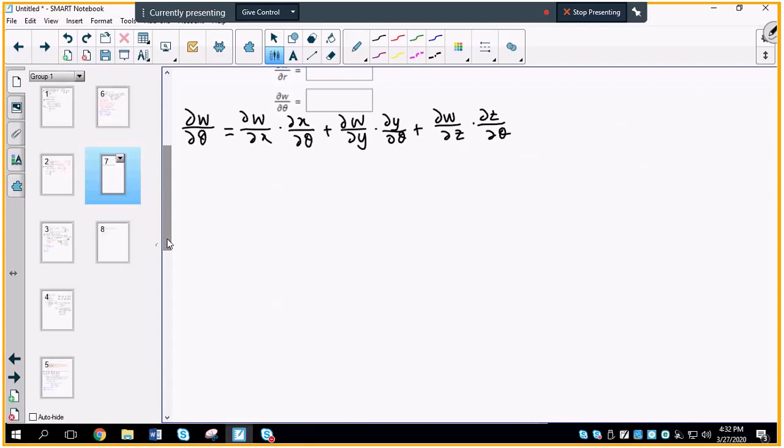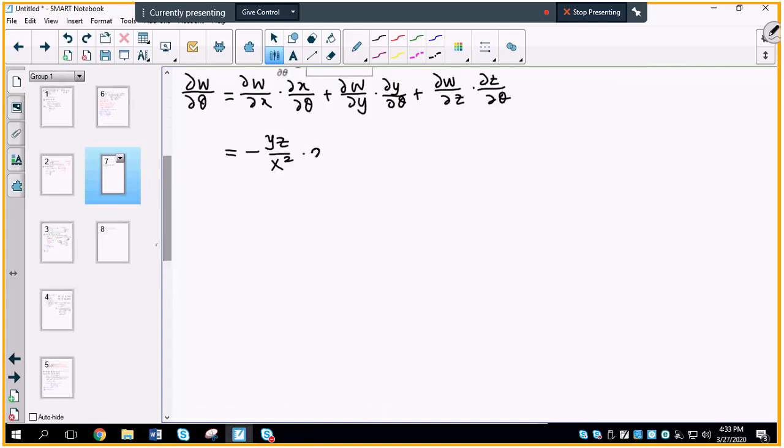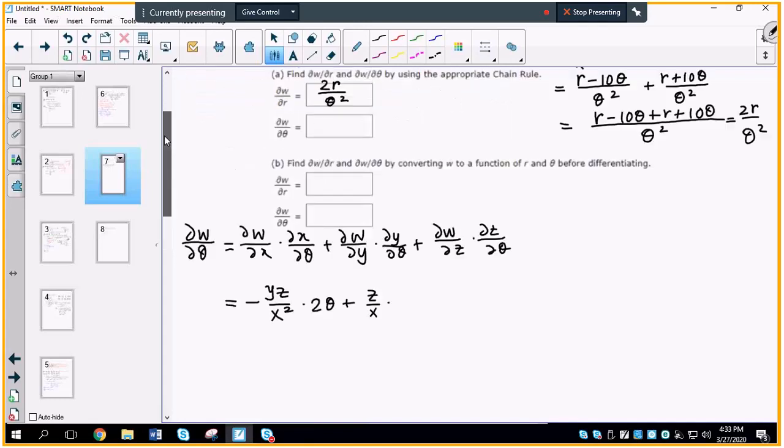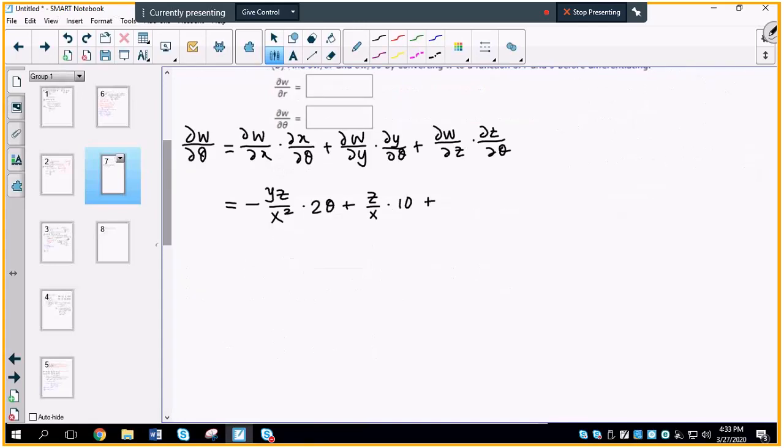So those things we know, del w del x, we have already worked it out. This is going to be minus yz over x squared. Del x del theta, because x is theta squared, you will get 2 theta. Del w del y we know, it's z over x, and del y del theta is going to be positive 10. And then plus del w del z is y over x, del z del theta is negative 10.